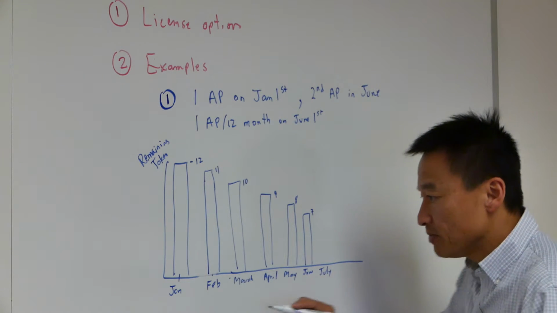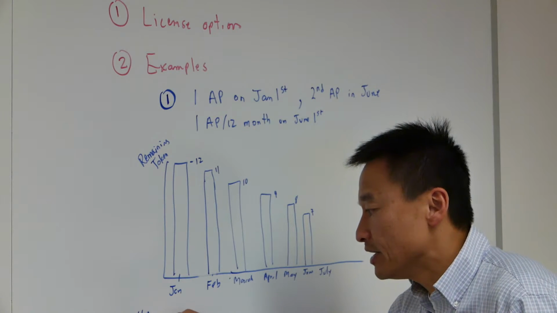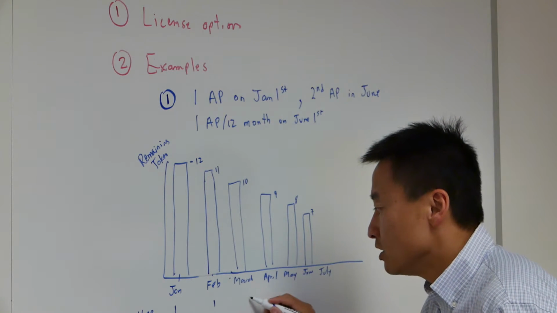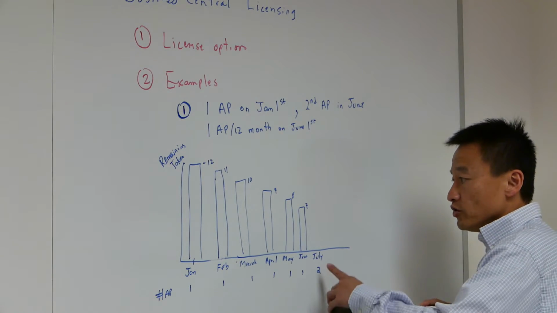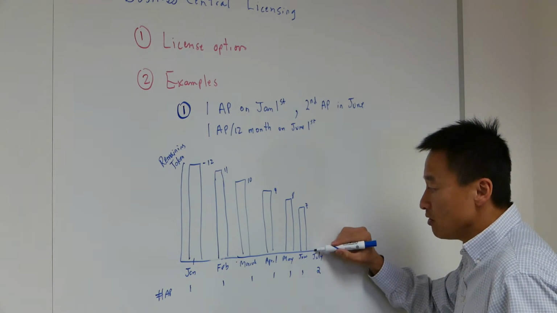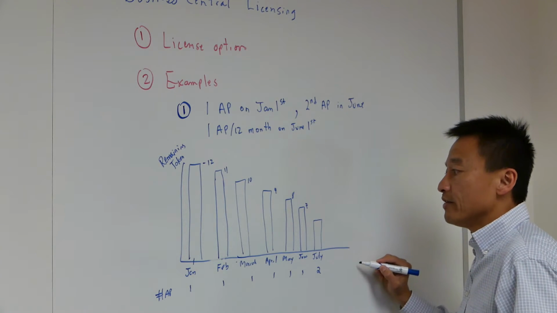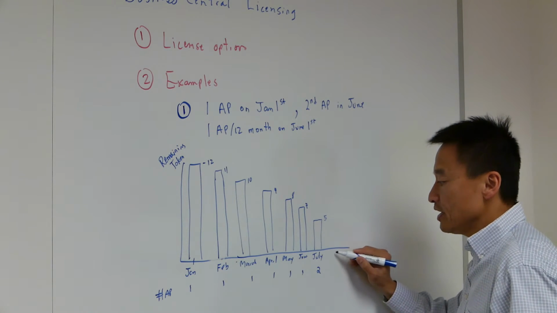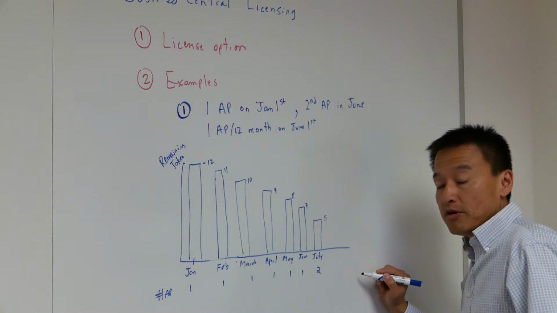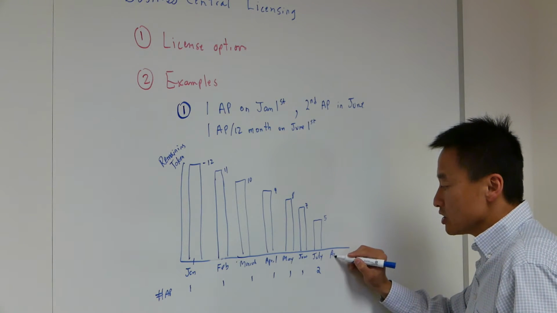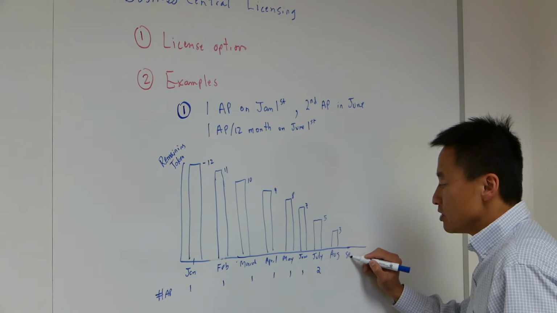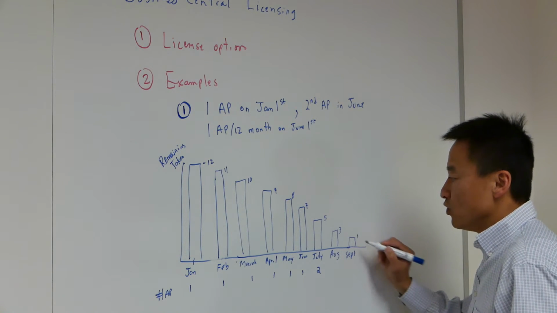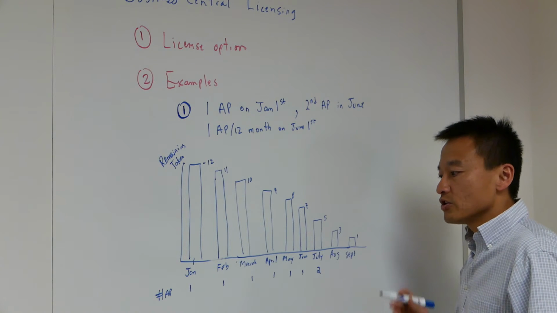So I have 1 AP, 1, 1, 1, 1, 1, and then I have 2. During this month, my count will be deducted by 2, so I go down to 5. In August, it goes down to 3. In September, it goes down to 1, as you can see. So that's really the idea.